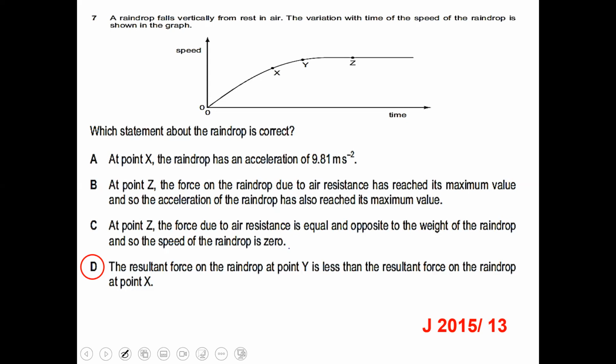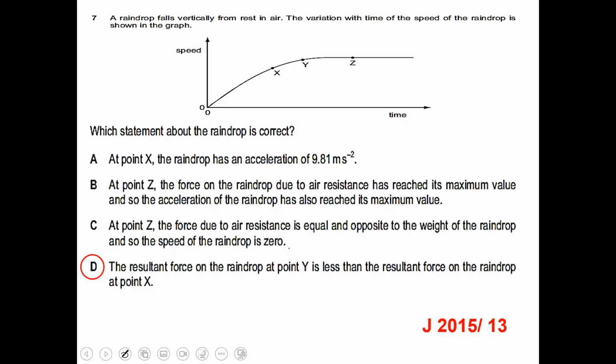When something is falling through air, what is the concept? When something is falling through air, resultant force decreases, acceleration decreases until they both become zero. I repeat the main concept.